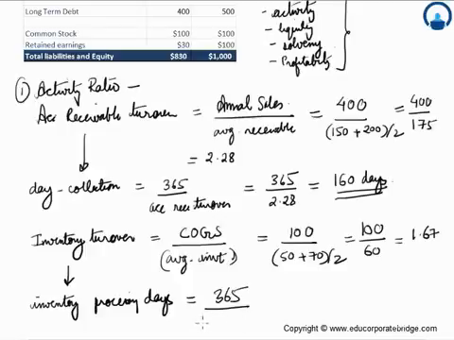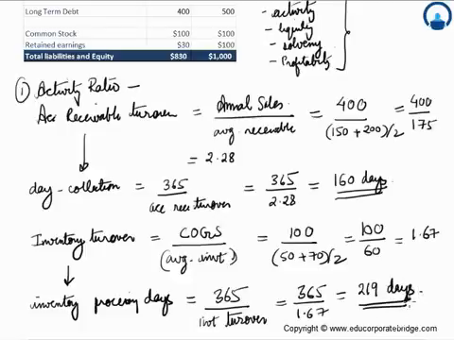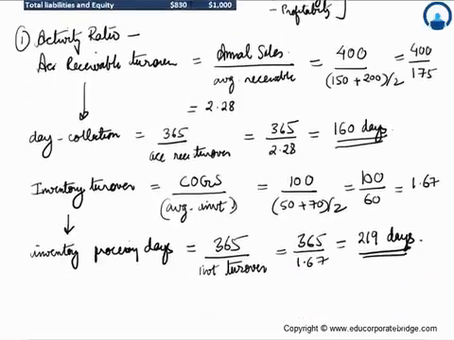This would be 365 divided by your inventory turnover. So this is 365 divided by 1.67, and if we use our calculators we get approximately 219 days here. So this is part 2 where we could calculate the inventory turnover and the inventory processing days.